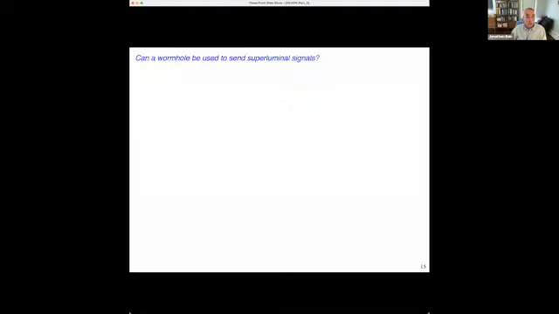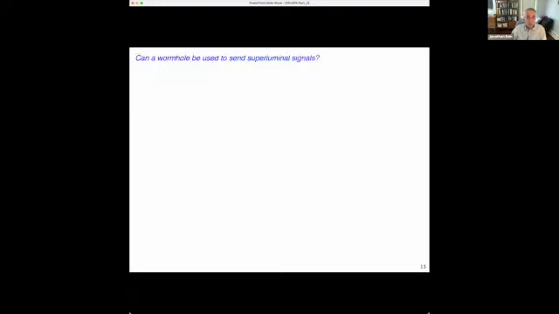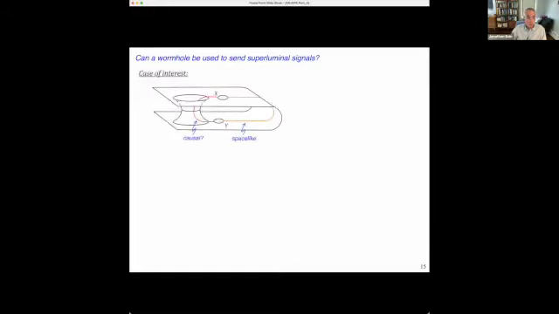Now, Maldacena and Susskind suggest that this no signaling corresponds to the non-traversability of wormholes, right? So they ask, can a wormhole be used to send superluminal signals? And the case of interest seems to be the following setup.